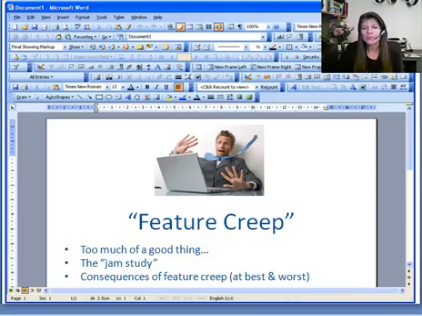Now, don't get feature creep mixed up with brand overload. Remember, brand overload is when there are too many brands being offered. This is when too many attributes are offered with a brand. Now, a really interesting study was done in the year 2000, and we're going to call it the JAM study.